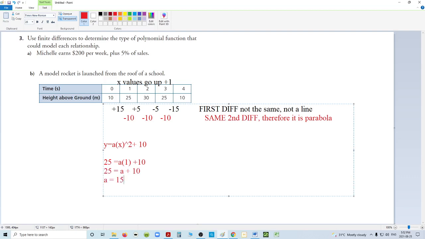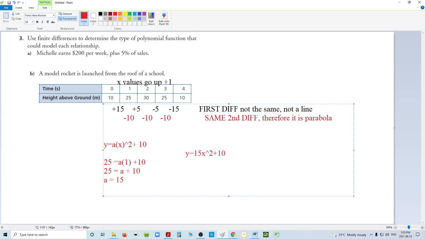Now, the question is, did we get our proper a? Because it would imply that the equation is y is equal to 15x squared plus 10. And that's telling me it's an upward facing parabola.